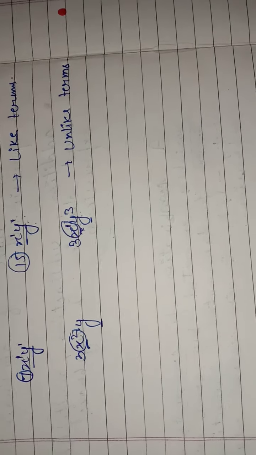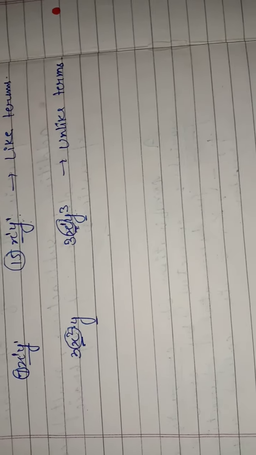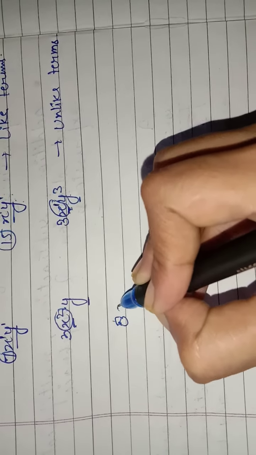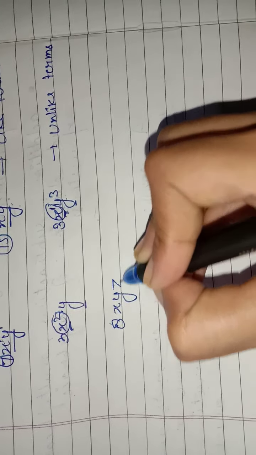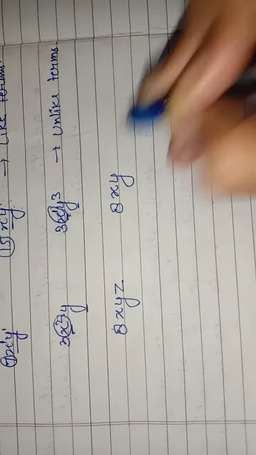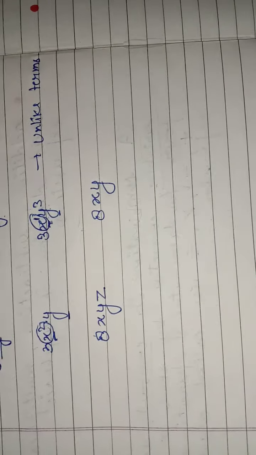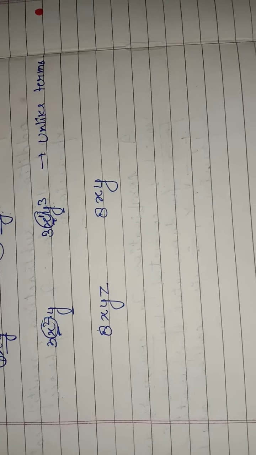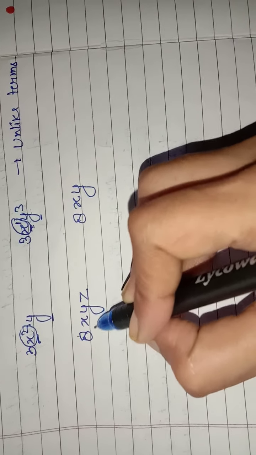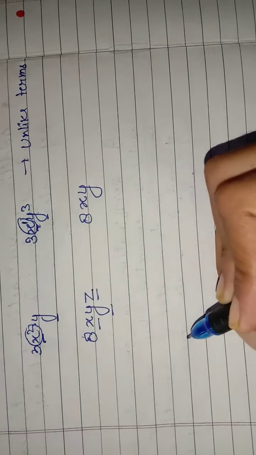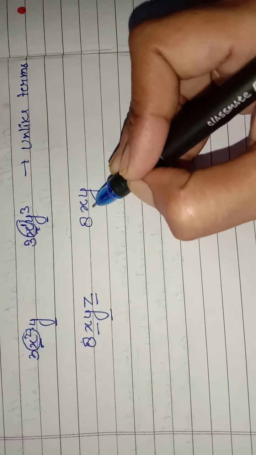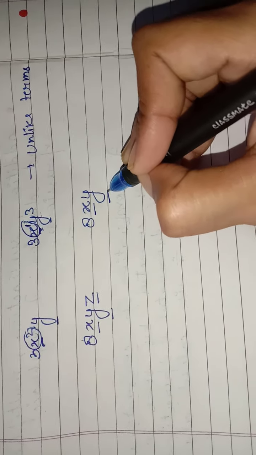Take one more example: 8xyz and 8xy. Are these terms like or unlike? The first term has the variables x, y, z, but the second term has the variables x and y only.